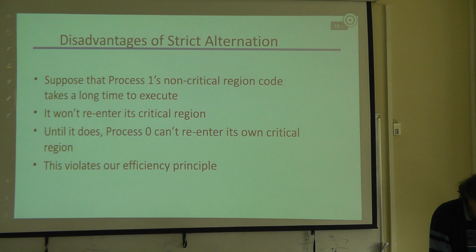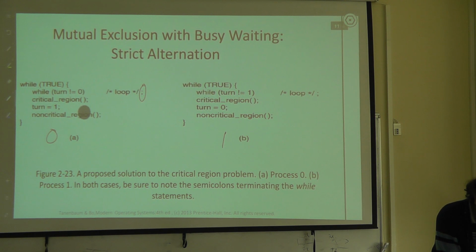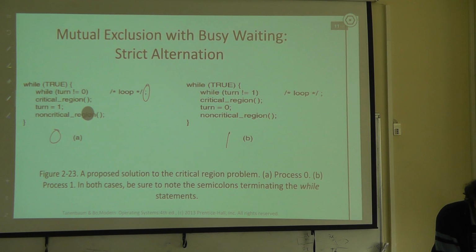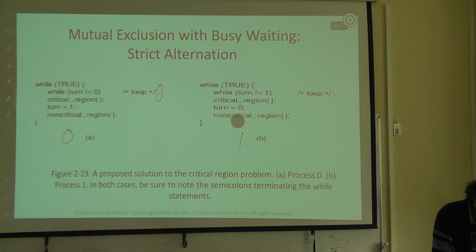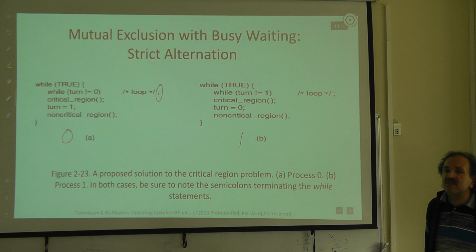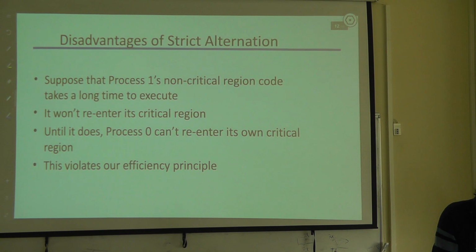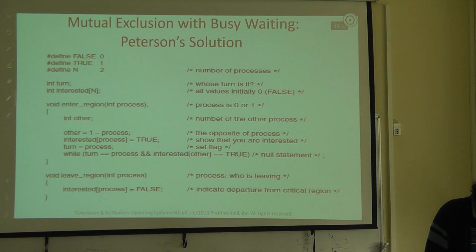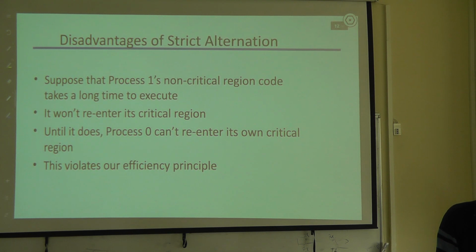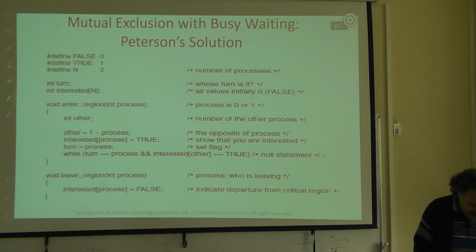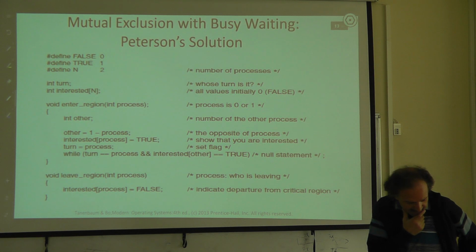This one is not waiting for the other process's critical region to be done. It is waiting for the other process's non-critical region to be done, which is a very serious problem. Efficiency principle is violated.